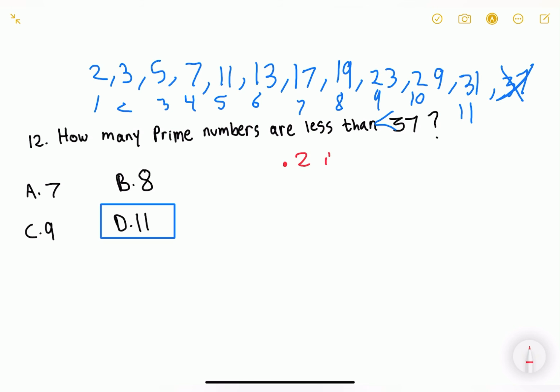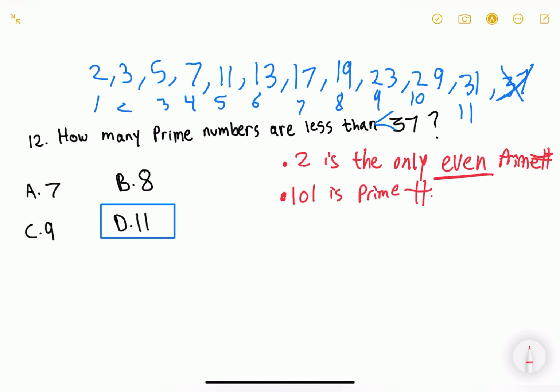So 2 is the only even prime number. We know that 2 is the only even prime number. So when we think of that, now we can cancel all the other even numbers, so we can find our other prime numbers easily. And we know that 101 is a prime number.